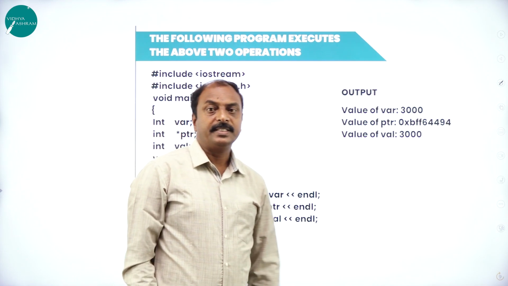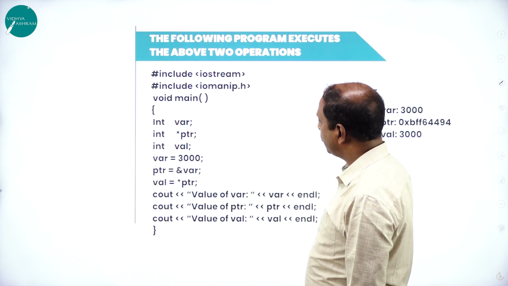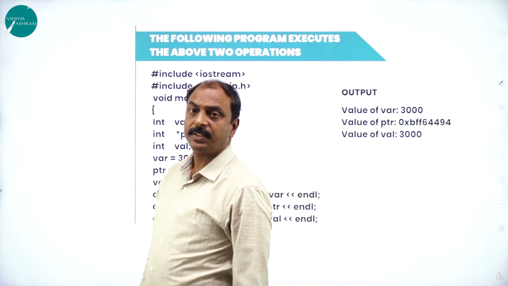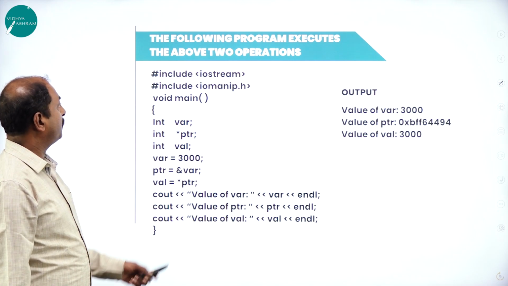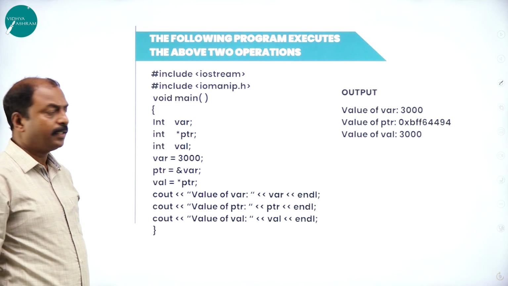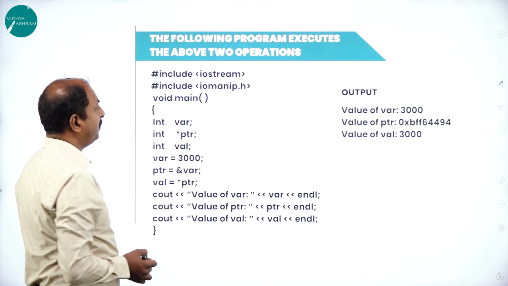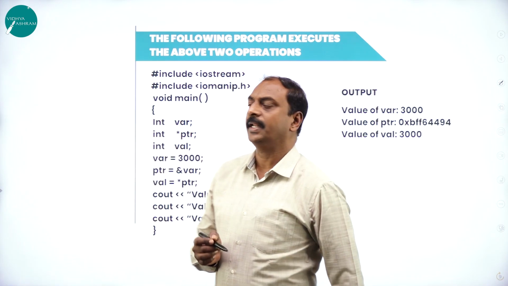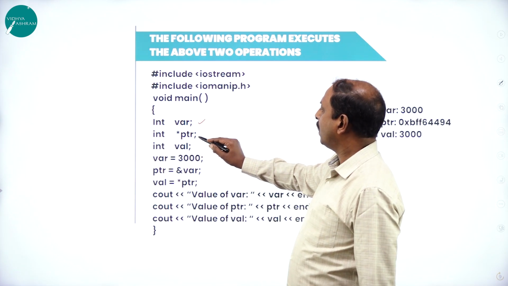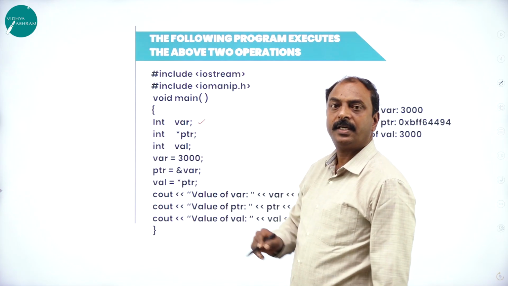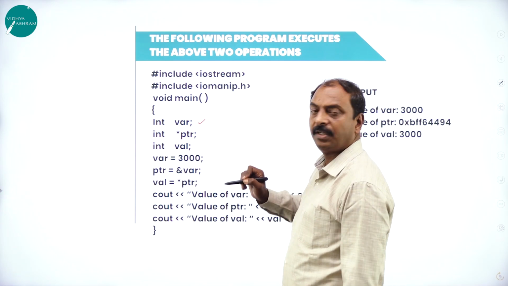Now let us see a simple program to differentiate between variables and pointer variables. This program starts with header files and void main, and observe this here. Int var is a normal declaration. And int star ptr, here star is asterisk, is a pointer variable, so ptr is a pointer variable.